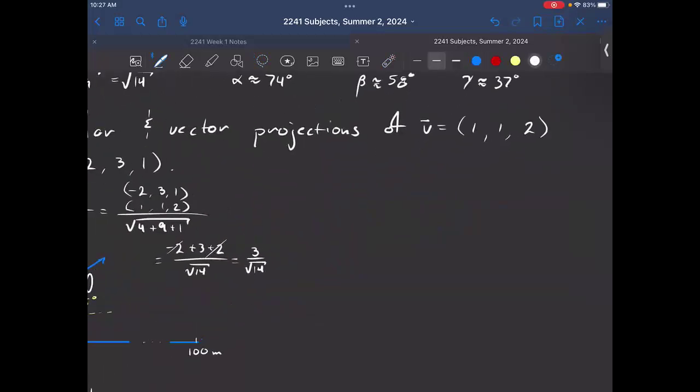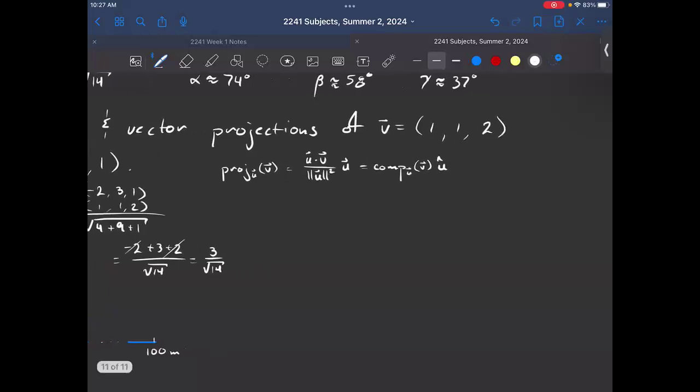So for the vector projection of v onto u, we had a slightly more complicated formula. But it can also be thought of as: use the component, then multiply it into the unit vector for u.